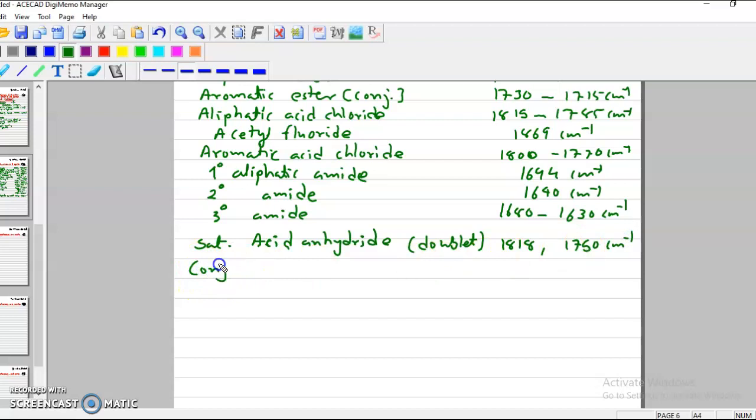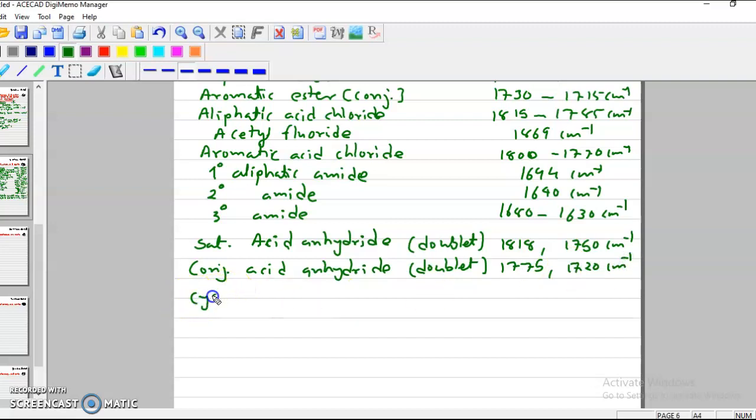If conjugated acid anhydride is given, here also we will observe a doublet, at 1775 and another at 1720 cm⁻¹.